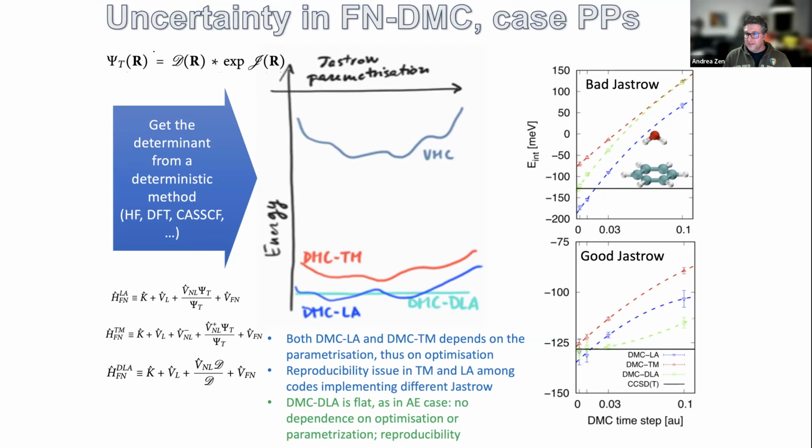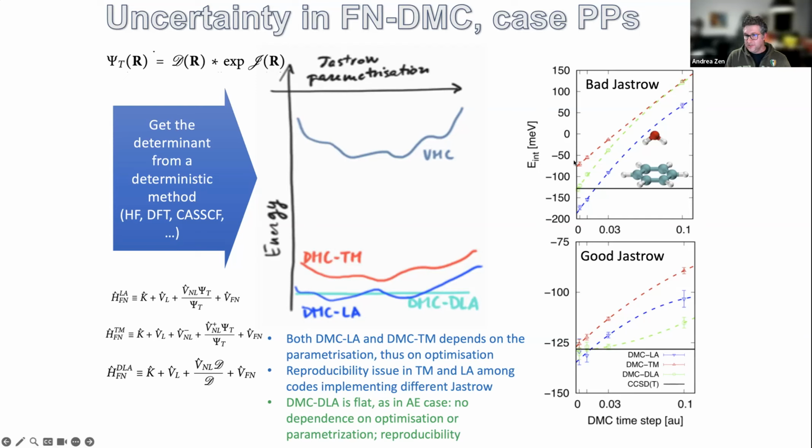What we get is that the estimation of the binding energy from the T-move and from the locality approximation is totally wrong. You see, it goes here for the T-move, here for the locality approximation. With this determinant locality approximation, we just get the same thing that we would have for the good Jastrow.